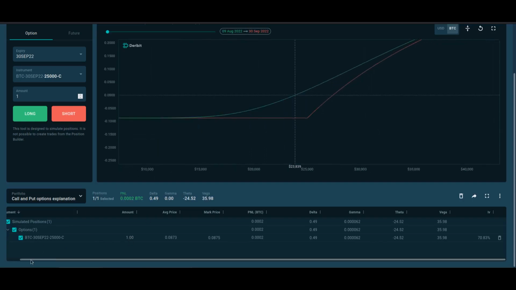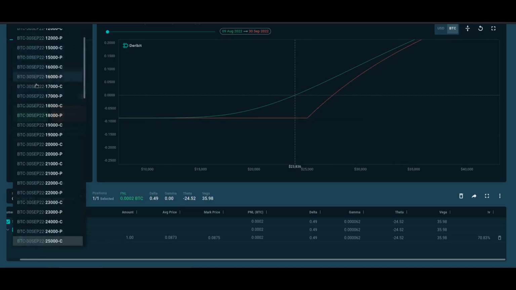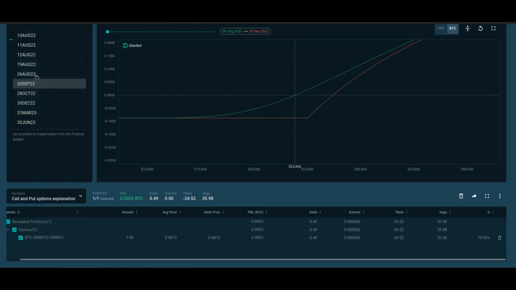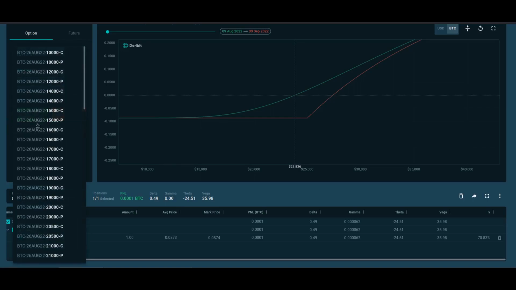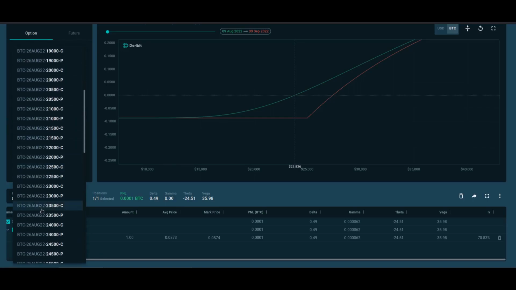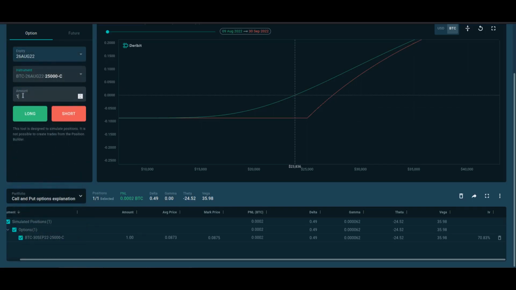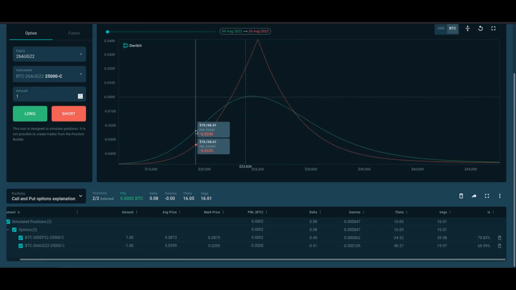For example, we bought the 25,000 call at 30 of September and let's sell the closest 25 calls, the same amount, -1. Okay, amount short. Okay.